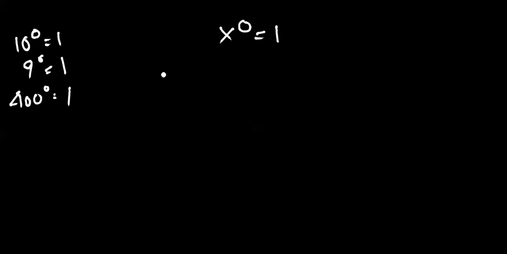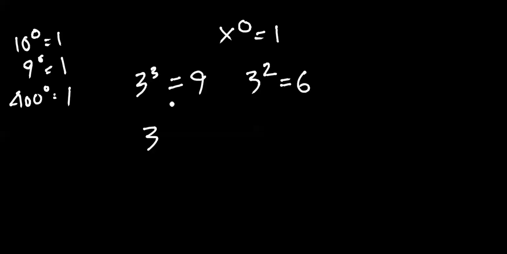So if I have a number such as 3 to the power 3, which equals 9, and I have a number 3 to the power of 2, and that is equal to 6. Okay? Three cubed, this is not 9.